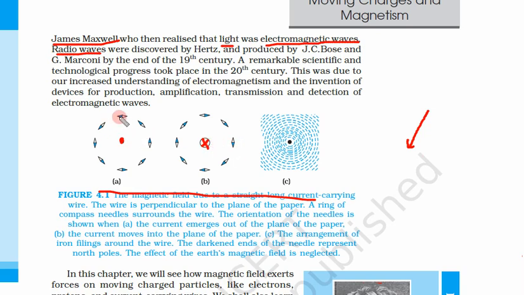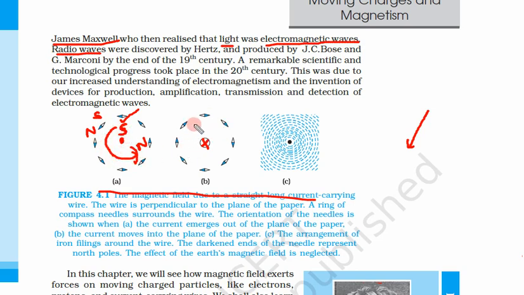So in that case, when current is coming out of the paper, the direction of the magnetic field is shown by these needles like this. You see this white one is the south portion and this blue one is the north. So we can see that magnetic field is from south to north, and the direction is anti-clockwise.